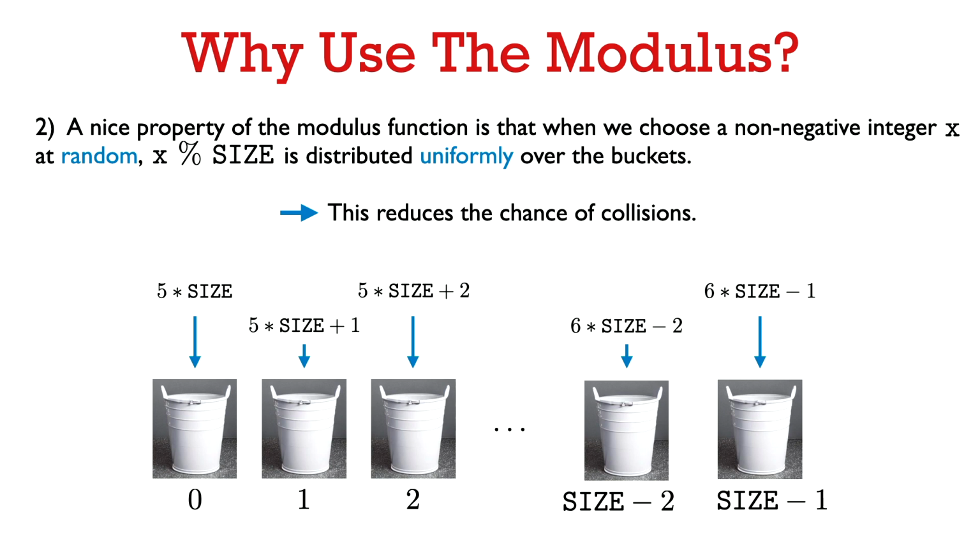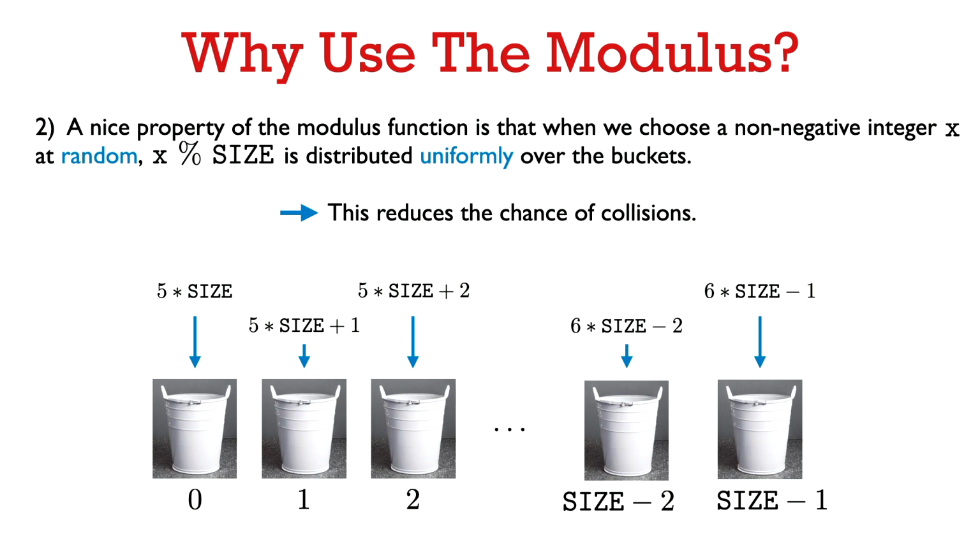And note that this holds not just for this interval that I've illustrated here, but for any contiguous interval of length size. So what that means is that if we randomly choose a non-negative integer x and look at the result modulo size, each bucket has the same chance of receiving it.